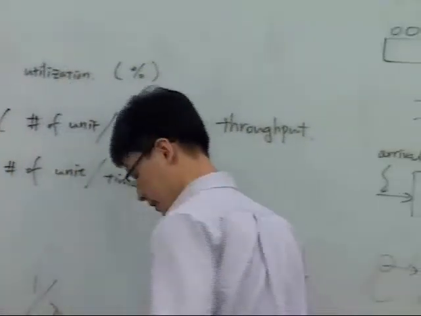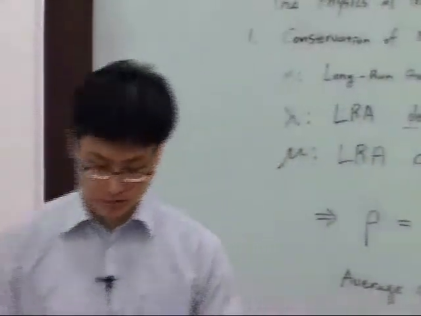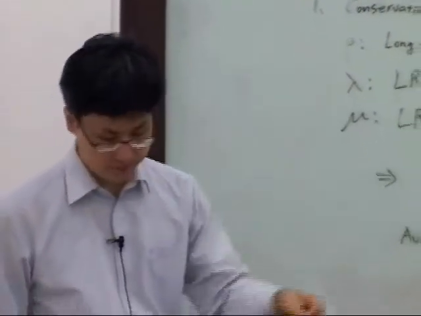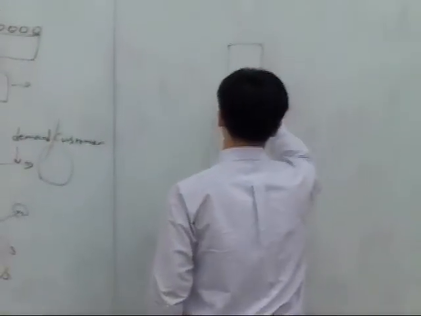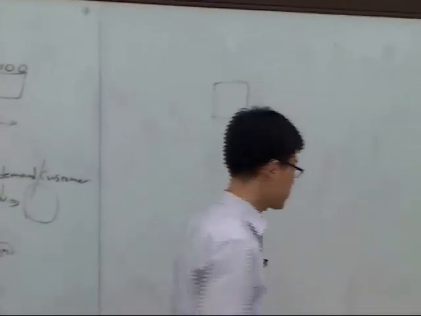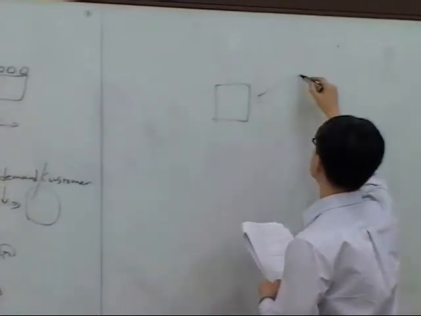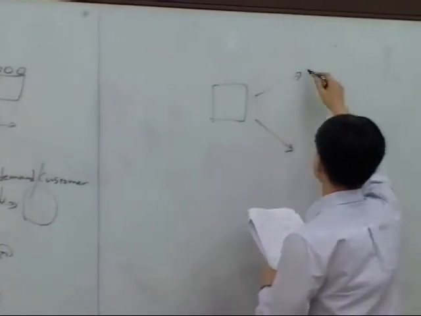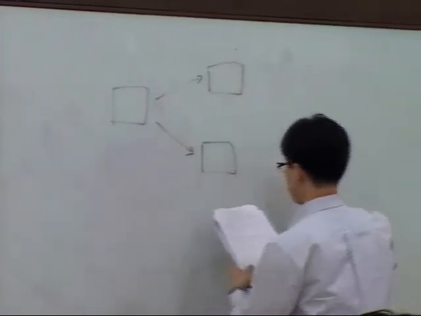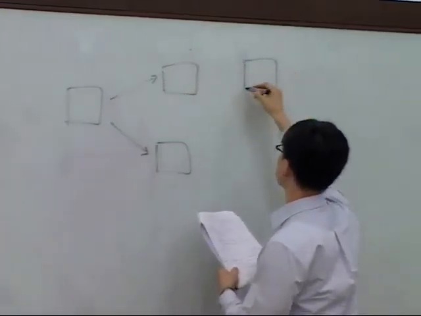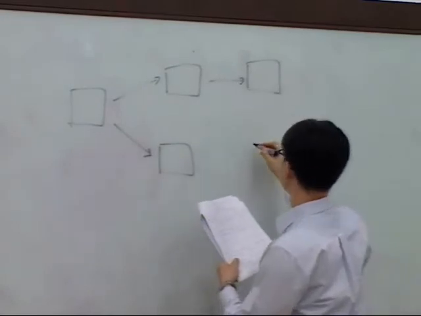Okay, let's deal with a real example then. Let's assume there are several workstations like that. And by the production plan, the part should flow like this.